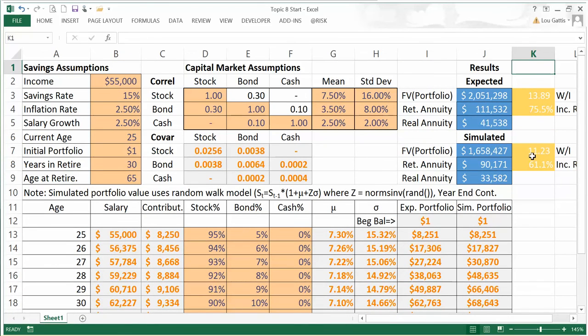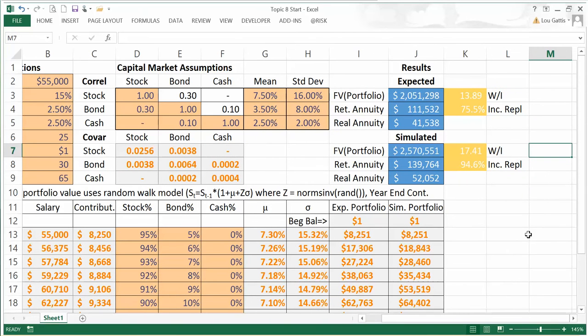Alright, so every time I hit Alt or F9, I get a simulated wealth to income ratio, a simulated replacement rate. Now what I'd like to do is copy this value, recalculate it say 5,000 times, and then look at what the average portfolio value is, and maybe what some of the highest and lowest numbers are, to give an idea how risky this strategy is.